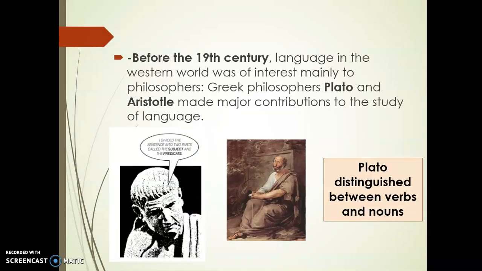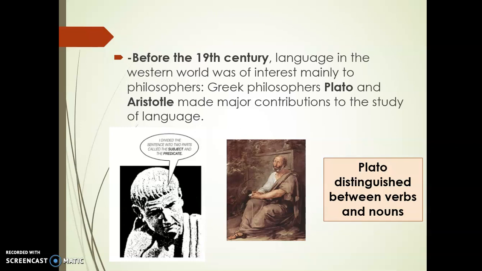So, first of all, let's start with Aristotle and Plato, right? Before the 19th century, language in the Western world was of interest mainly to philosophers, okay? And they made major contributions to the study of language, but those contributions were mainly oral.